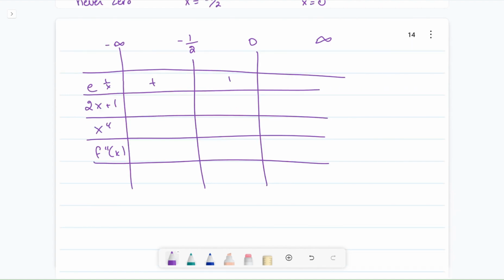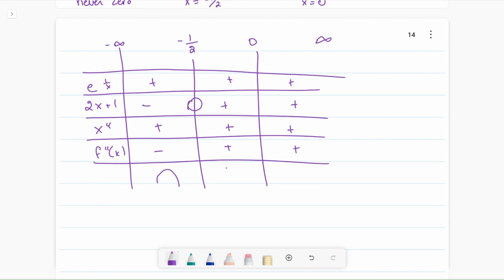So e to the power of 1 over x is always positive. 2x plus 1 is 0 at x equals negative half, positive above it and negative below it. X to the power 4 will always be greater than 0, and it will be 0 if x equals 0, but 0 is not, in fact, in the domain. Now the second derivative is negative, positive, positive.